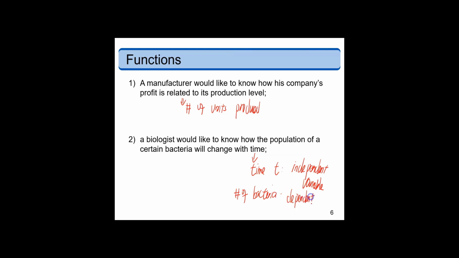So typically, the number of bacteria depends on the time t, and we try to fit a model to analyze. Similarly here, the number of units produced is the independent variable, and the company's profit is the dependent variable, meaning profit depends on the number of units produced.